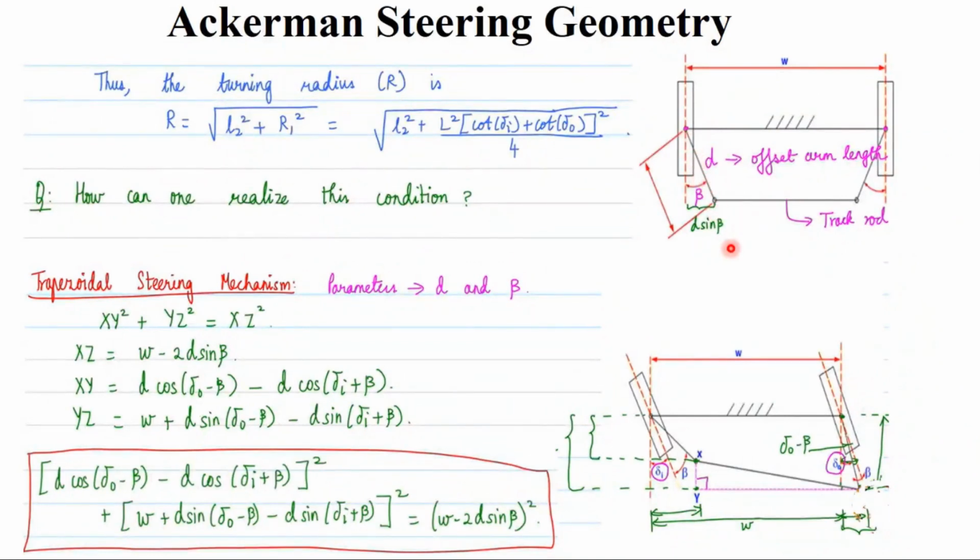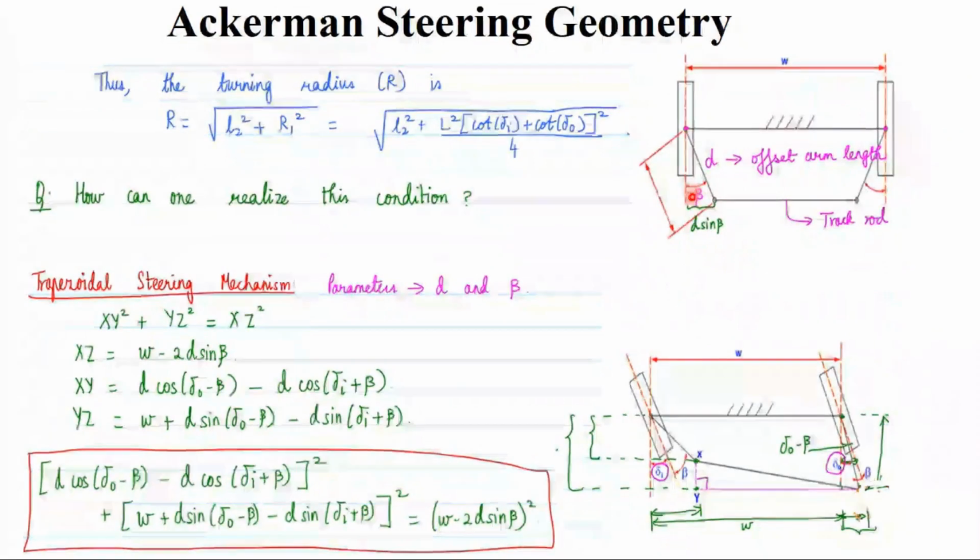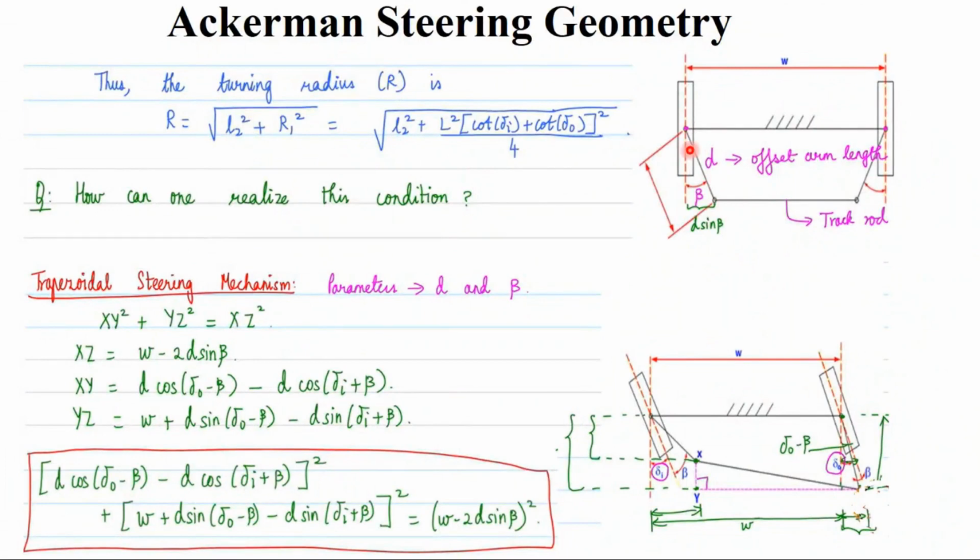And you have beta, which is nothing but the angle between the tie rod and the longitudinal axis of the inner wheel. And similarly, you also have the angle between the tie rod on the right side and the axis of the right front wheel.